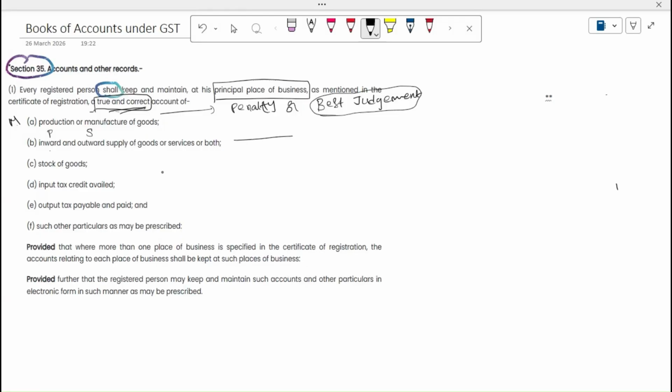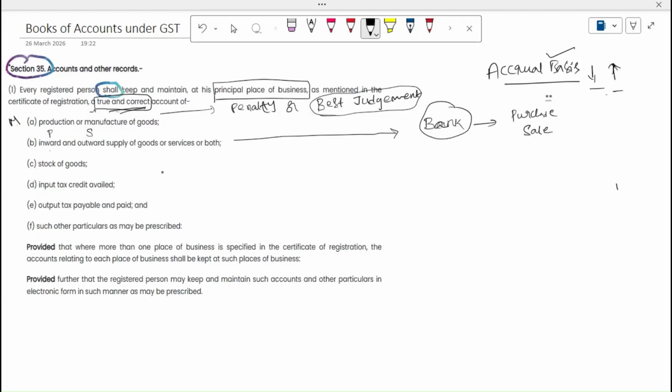Now, most of the time we see that on the basis of bank transactions, the accounting for purchase and accounting for sale takes place. But please keep in mind, our books of accounts should be maintained on accrual basis. That means the goods which are purchased inward, the goods which are sold outward, whenever the transaction takes place, I need to prepare my books of accounts on accrual basis.